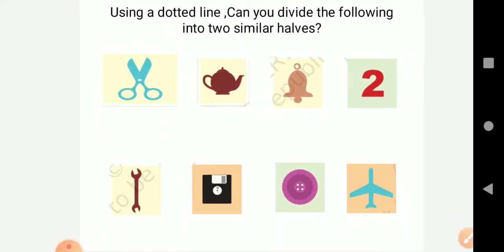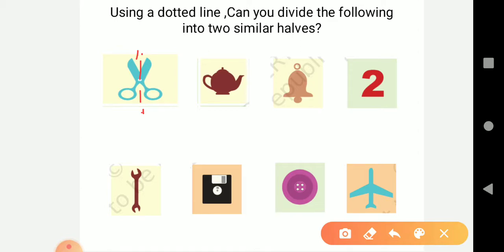Using a dotted line, can you divide the following into two similar halves? We already learned this in a previous video. Okay, see the first picture. Can you divide the scissors into two equal halves? Yes. So we draw a dotted line in between the two parts of the scissors.